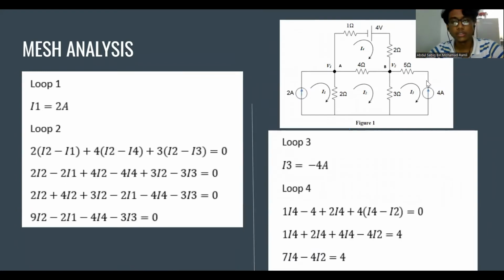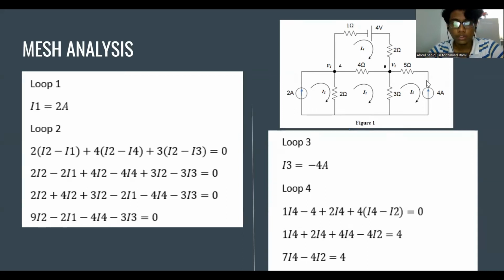Next is mesh analysis. As you can see, there are 4 mesh current loops. For loop 1, I1 equals 2 amperes, and for loop 2, we need to use KVL, Kirchhoff's voltage law, to get the equation 9I2 minus 2I1 minus 4I4 minus 3I3 equals 0.